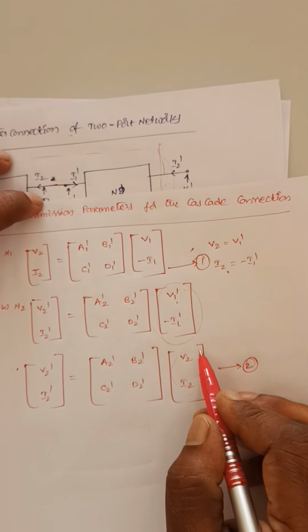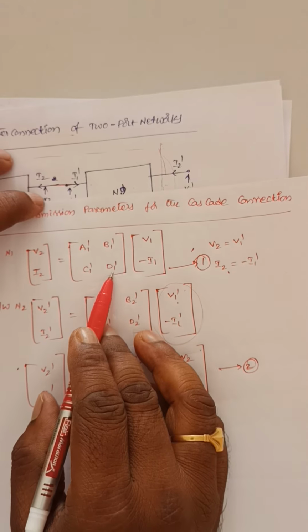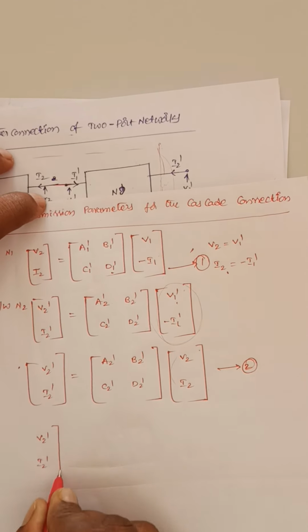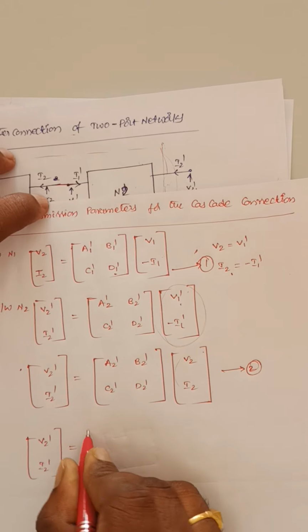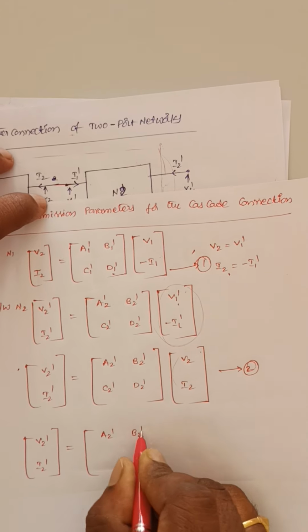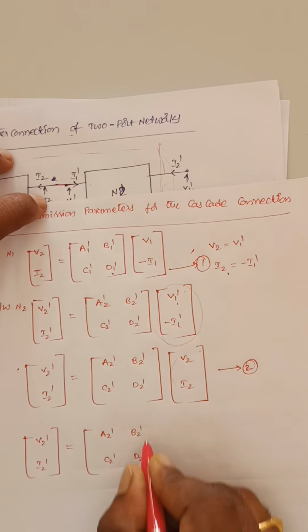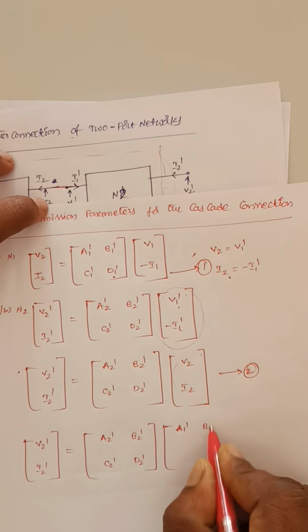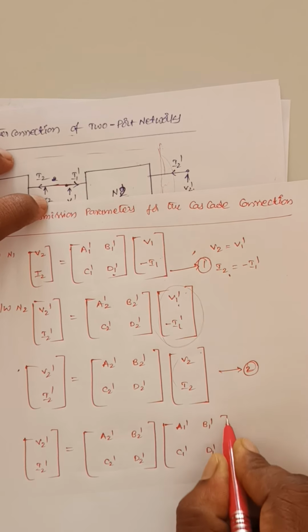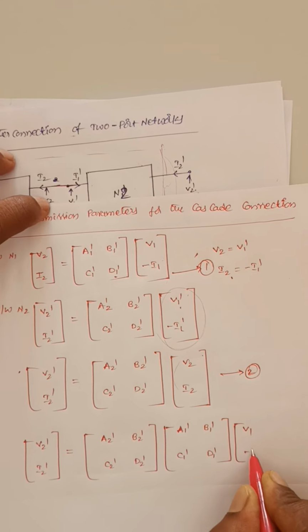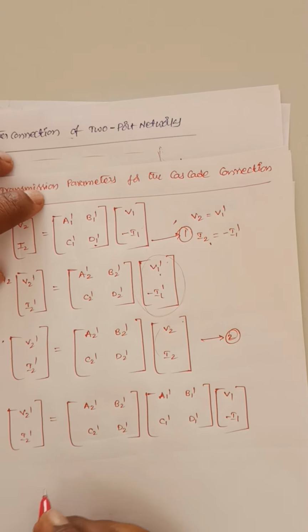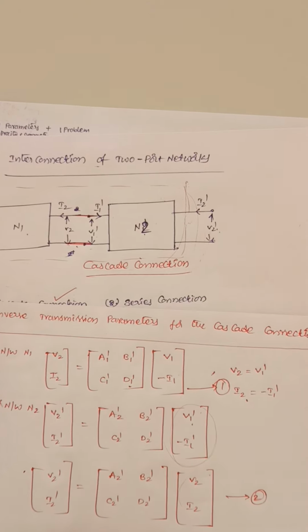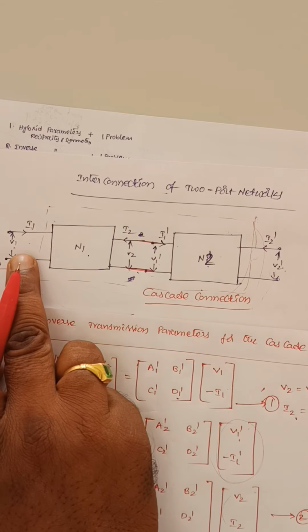So in place of V2 and I2, using equation number 1, you substitute it here. That is V2 dash, I2 dash is equal to A2 dash, B2 dash, C2 dash, D2 dash, times A1 dash, B1 dash, C1 dash, D1 dash, times V1, minus I1. That is output voltage and current, and input voltage and current.